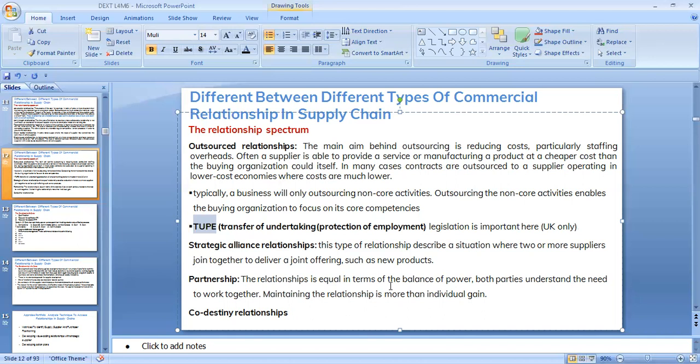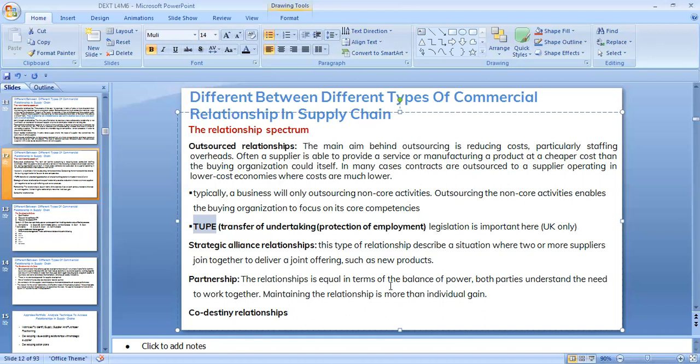Or they come together to design a new product which they can use in capturing a huge chunk of the market share. So as a buyer, sometimes you would be required to go into a strategic alliance with your suppliers, where you tell them, this product that I want to acquire from you, I want to sell it in the market, so let's come together. Come in with your engineers, let me come in with my engineers too. Let's make the design market appealing, and then we will share benefits together.